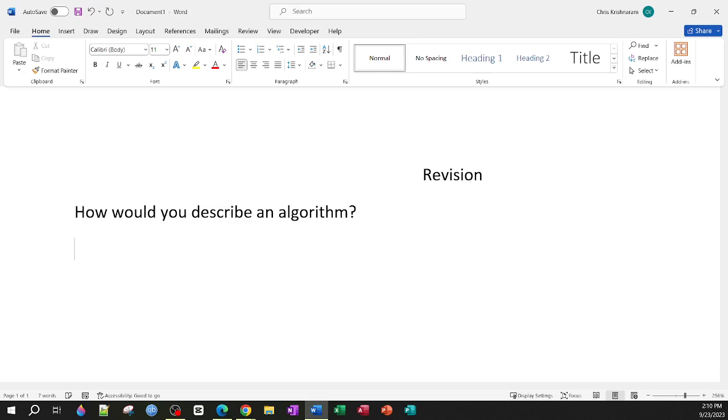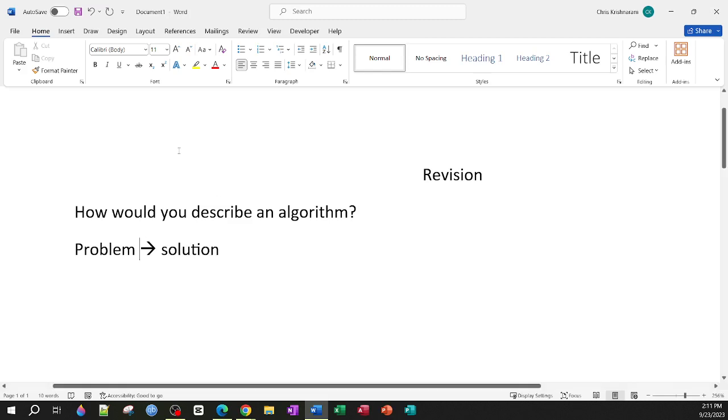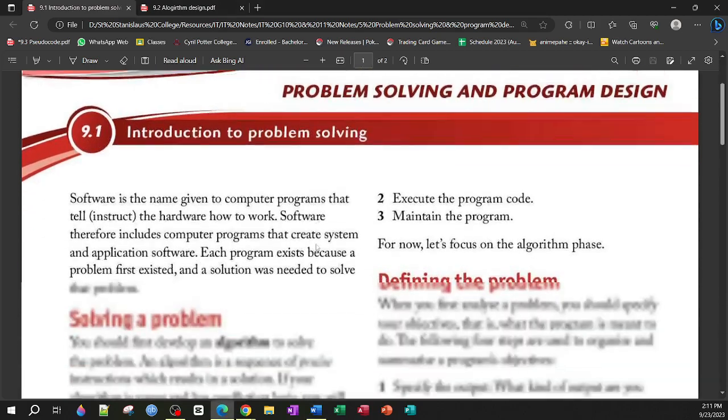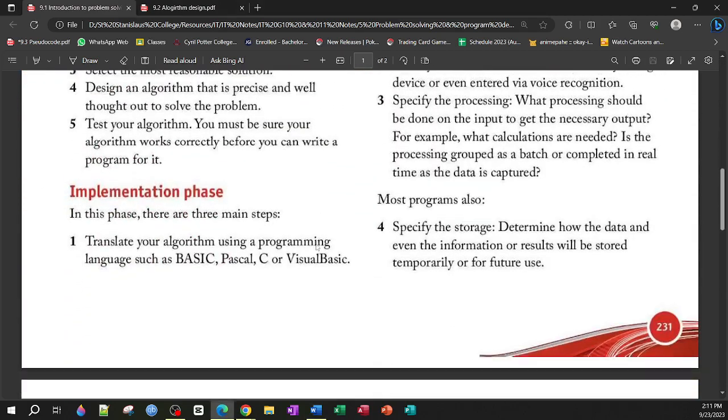But the end goal is that an algorithm takes you from a problem to a solution. Always got to remember that. An algorithm takes you from a problem to a solution. Good. So that's mainly what we would have covered last week.